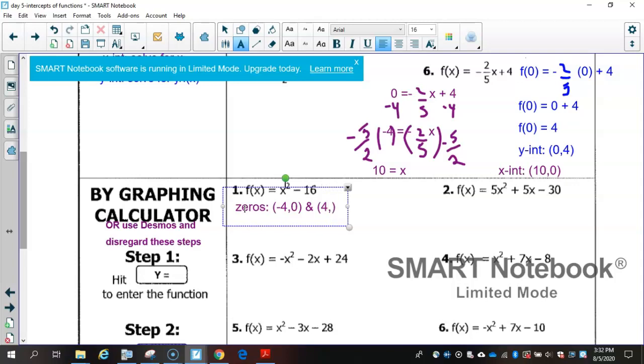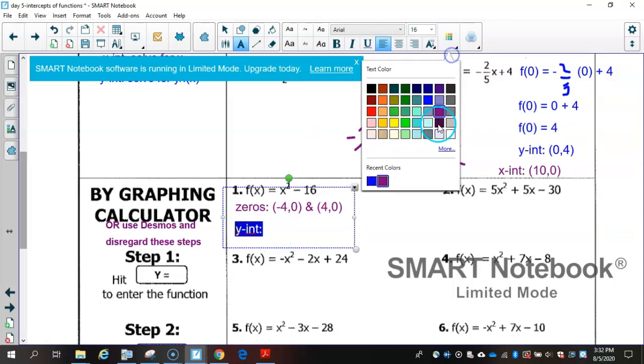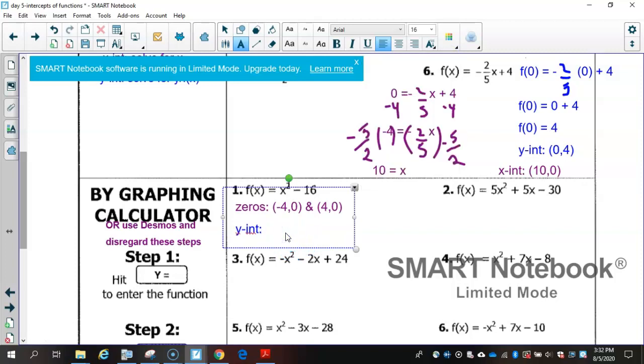So the zeros were at -4, 0, and 4, 0. And then the y-intercept was at 0, -16.